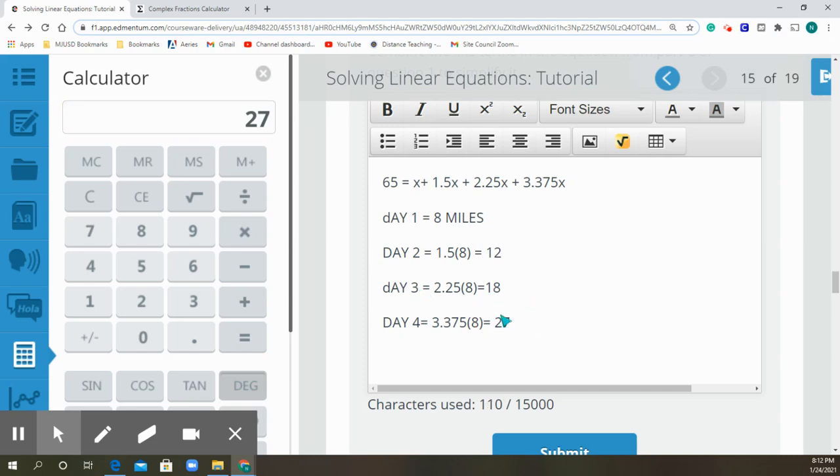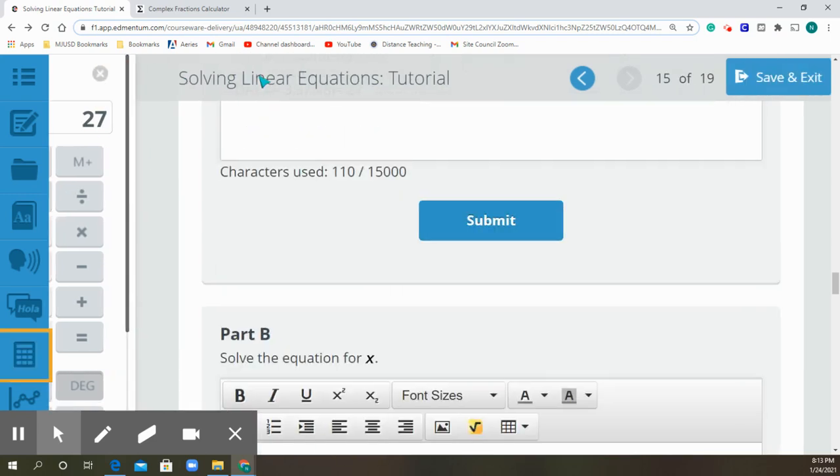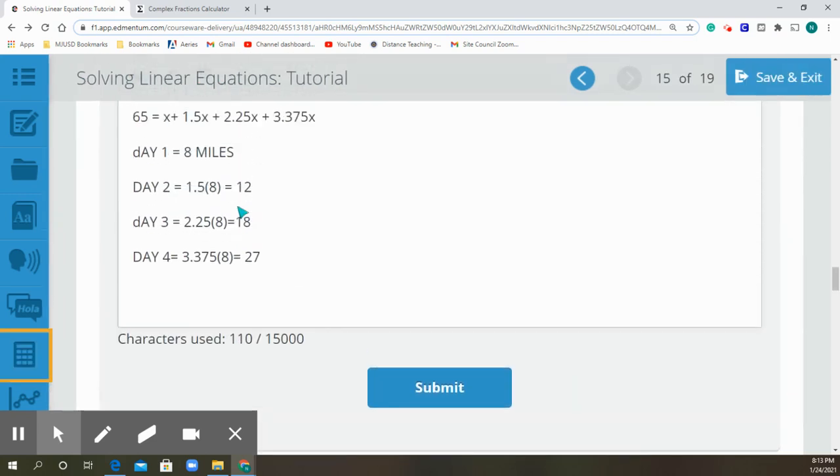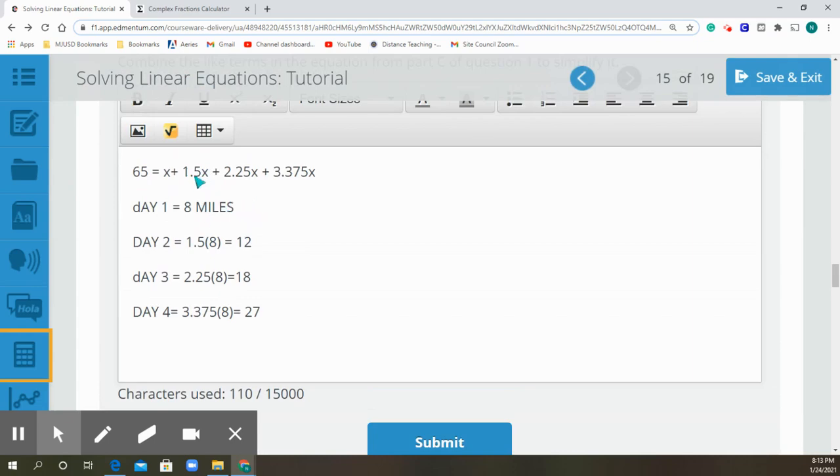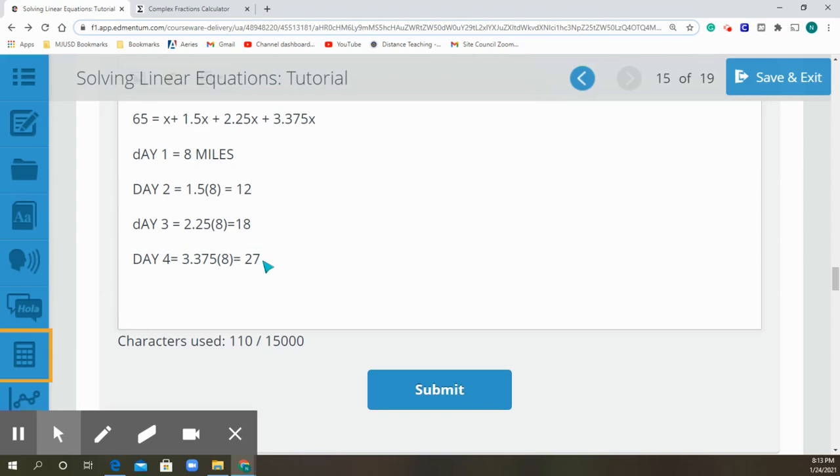Now, this is fairly realistic. In my older, not very good shape, I could ride 8 miles, and then the next day ride 12 miles, and then the next day ride 18, and the next day ride 27.